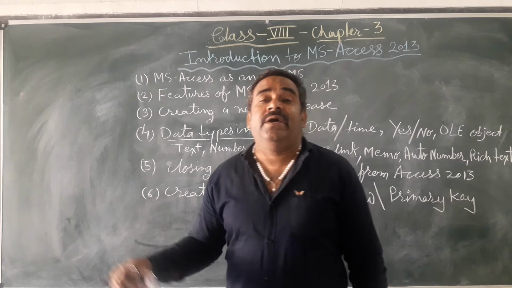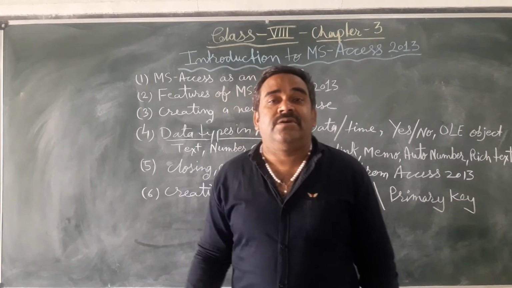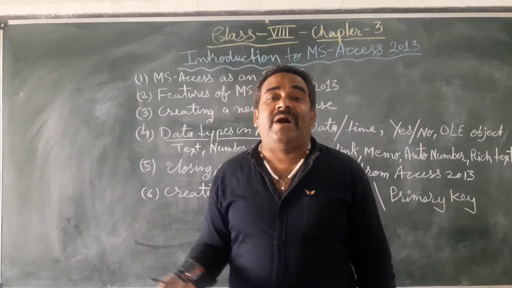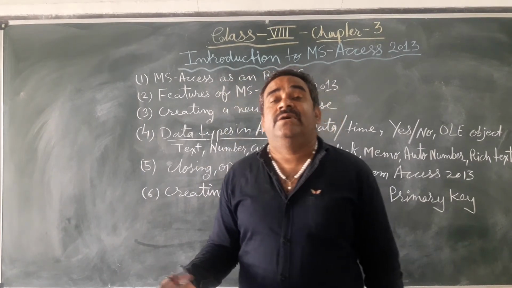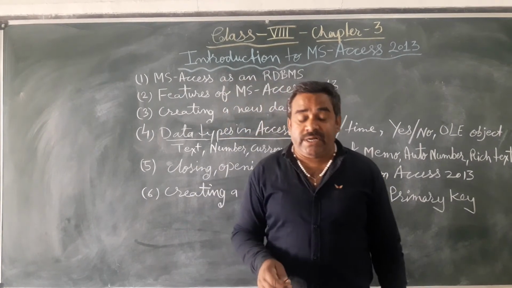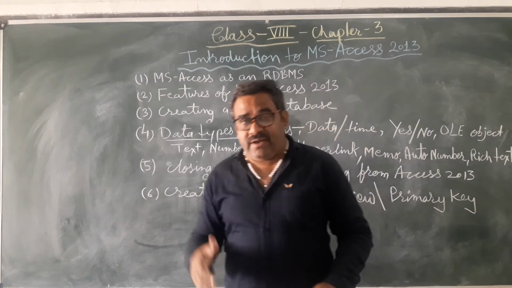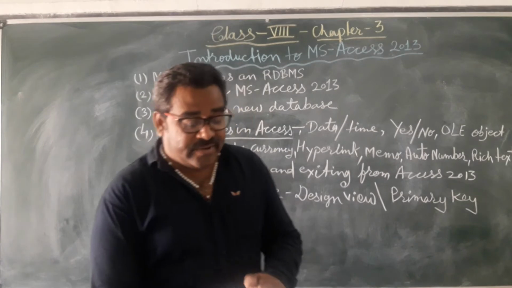It will display only those students who got 90 or above in maths, shown in the table. So MS Access is very useful when we want to retrieve our data.